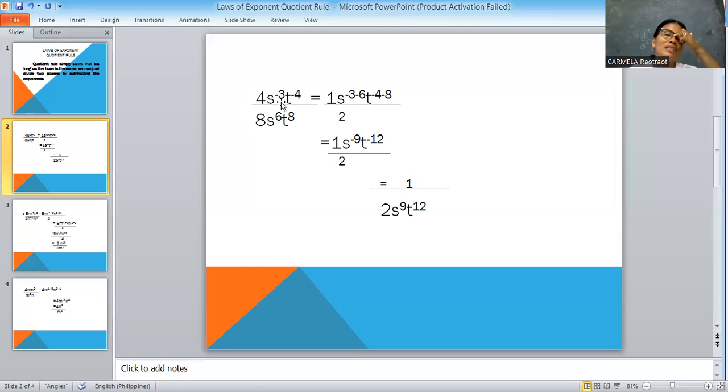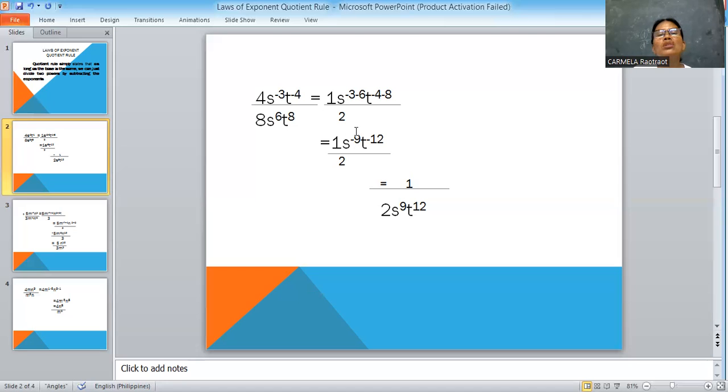The next is we're going to subtract. That is s raised to the power of negative 3 minus 6. Okay, so what will happen? You are adding, because they are both negative. So this will become negative 9.